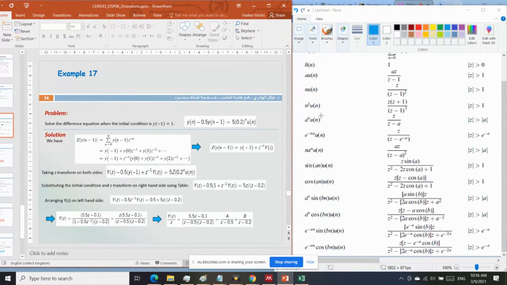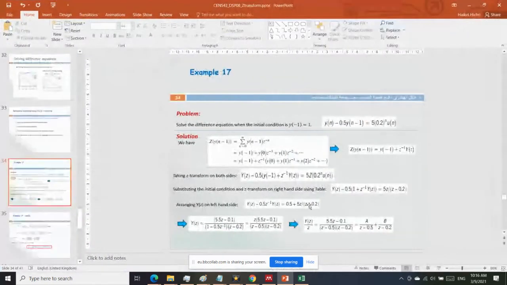So we use this one. The transform is z over z minus a. So that's why here we replace this by z over z minus 0.2, because a is 0.2. Okay, so the Z transform of the right hand side is this one. So we took the Z transform. This is the first step.